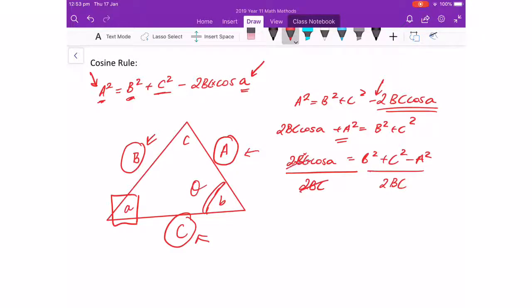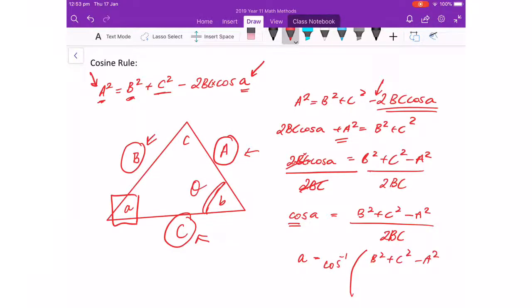Those are going to cancel out. So I've got cosine A is equal to b squared plus c squared, take a squared, divided by 2bc. And then lastly, I'm just going to find that A by doing the inverse of cosine. So A is equal to cosine inverse, I put that -1 there to indicate it is the inverse, of b squared plus c squared, take a squared, divided by 2bc.